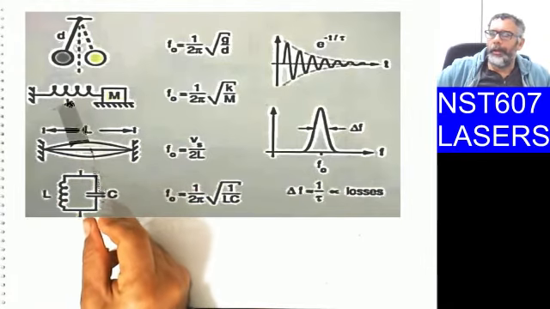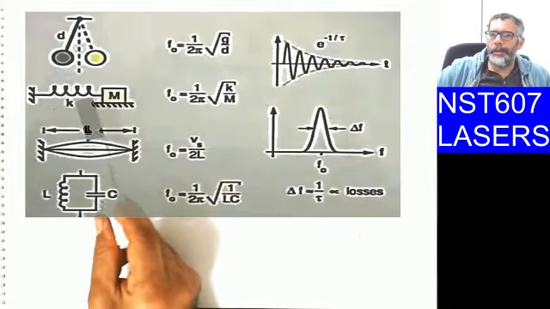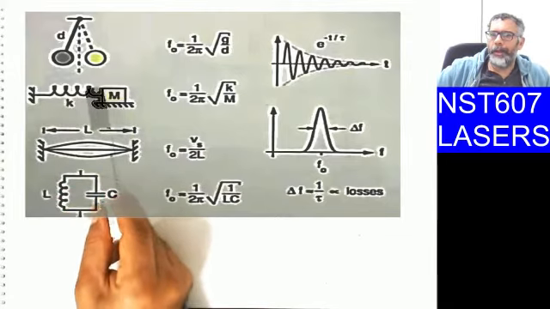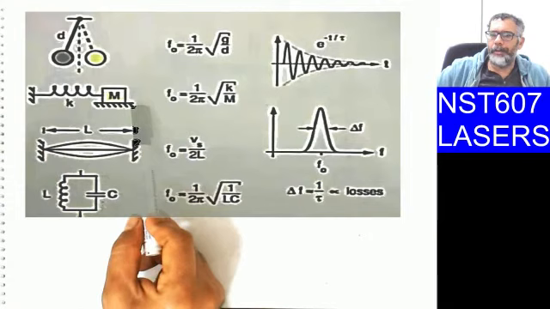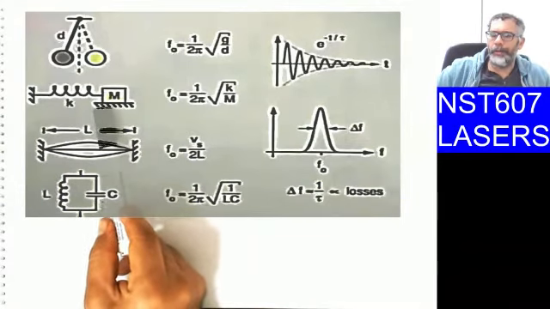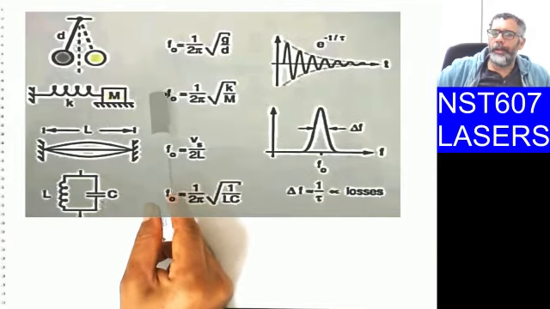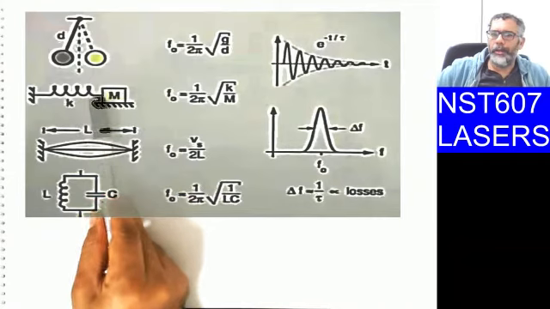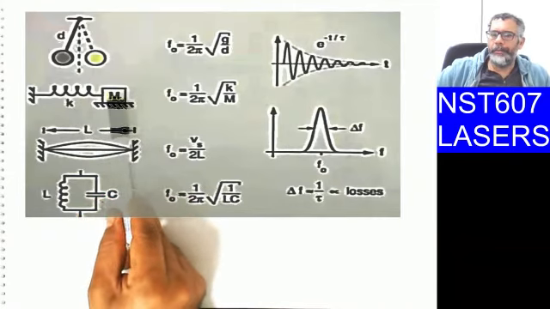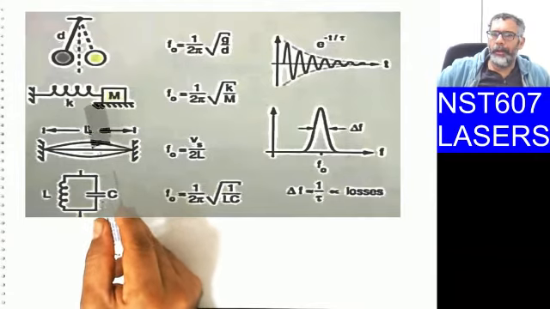You can also get oscillations if you attach a string to a fixed point and the other end to a moving mass, on a very low friction or almost zero friction surface. If you just pull the mass and release it, the mass will go back and forth, like this.